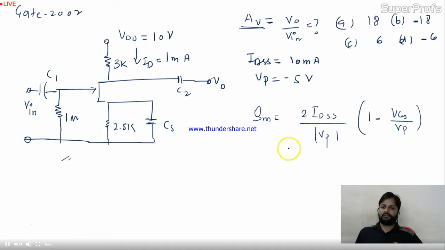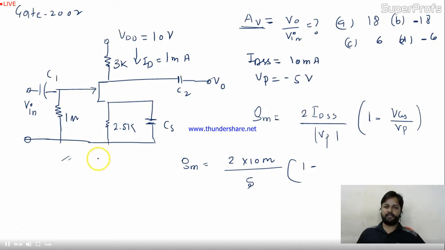So let's put the values. GM will be 2 into IDSS, given 10 milli, VP is given, take the mode of it, it's 5, and 1 minus VGS. Do you have VGS?